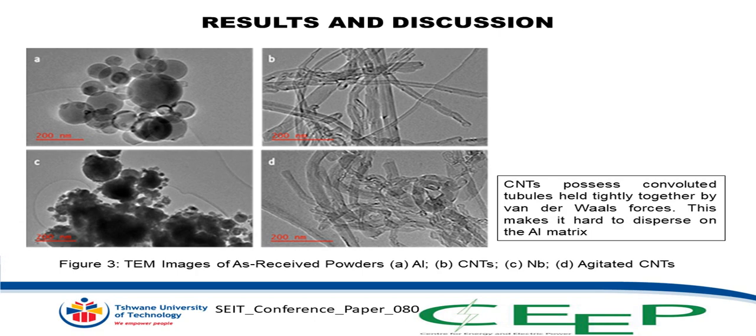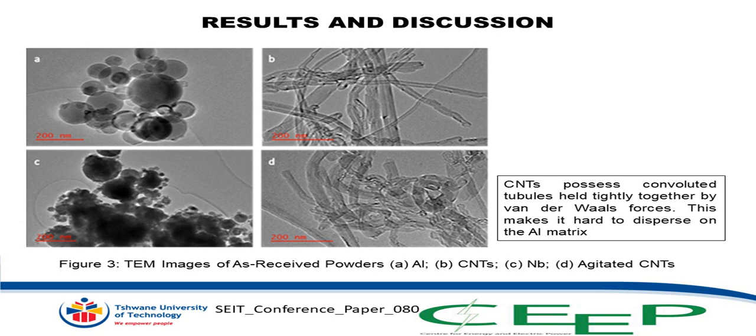Spherical grains, according to research, are very good at improving the densification of the material. It equally improves the comprehensive strength of the material, and is equally good at suppressing grain growth. In 3C, we can see that carbon nanotube possess convoluted tubules held tightly together by van der Waals forces.